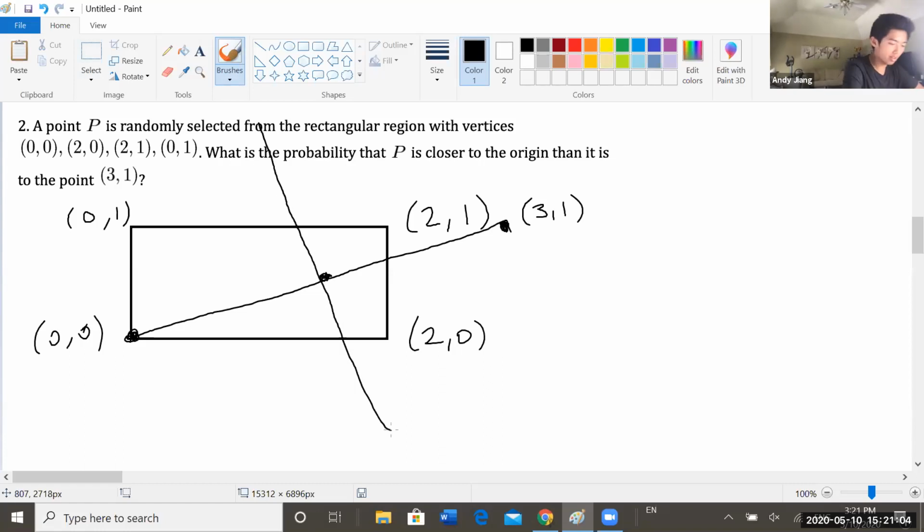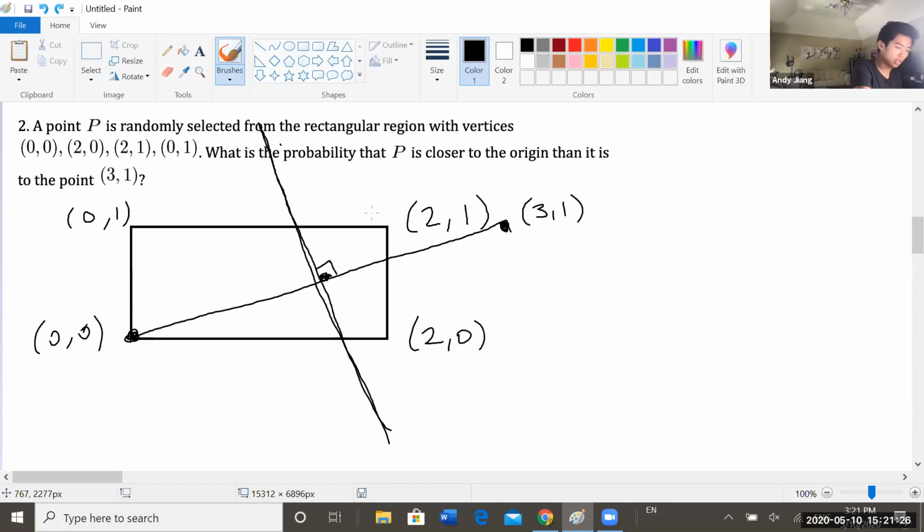So I bisect that at a right angle. You'll see why: if I take any point along this line, then it's going to be the same distance between 0, 0 and 3, 1, because these two right triangles are the same.